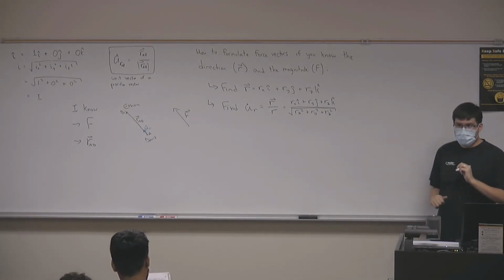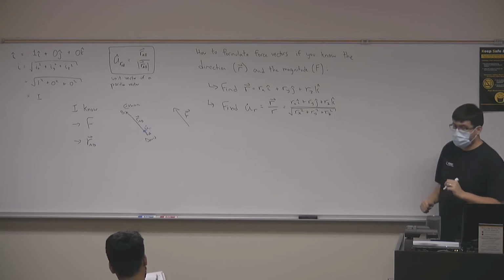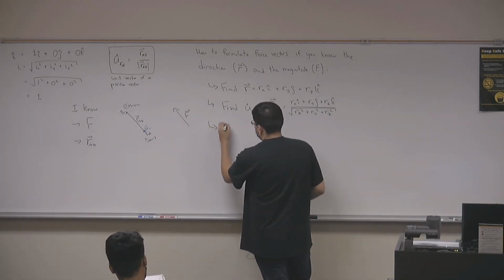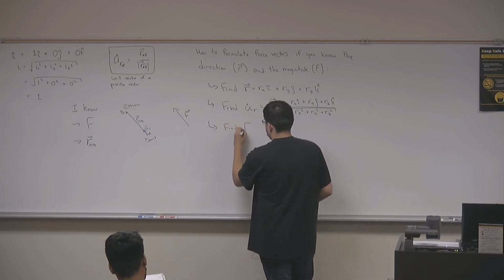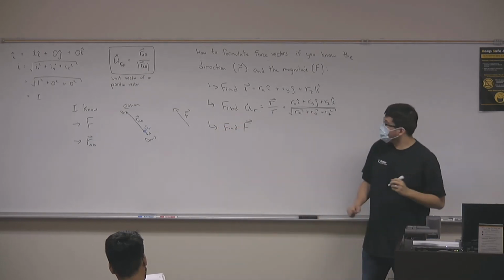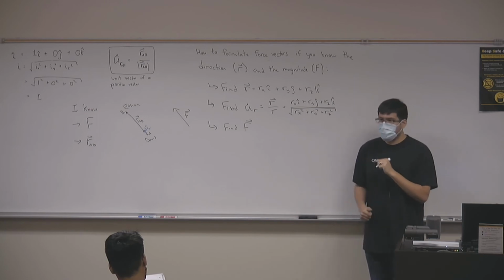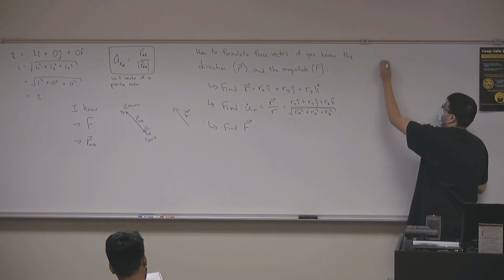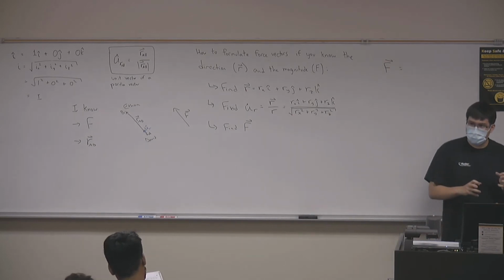Okay, so I found my position vector. I found my unit vector in the direction of the position. And now I can find my force vector. And how do I find my force vector? Remember, I said earlier, always look at your vectors as products.